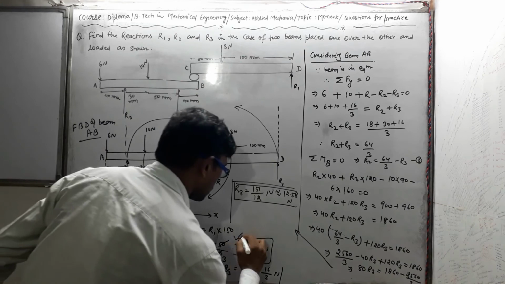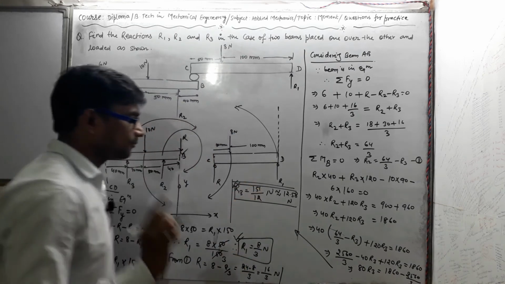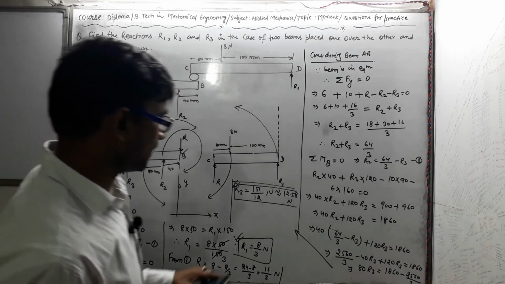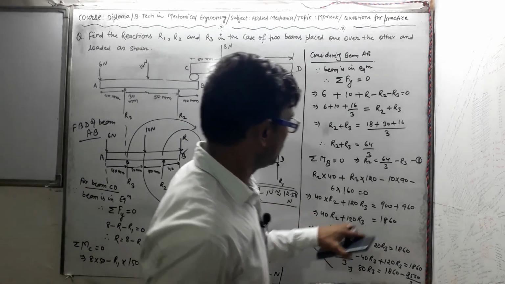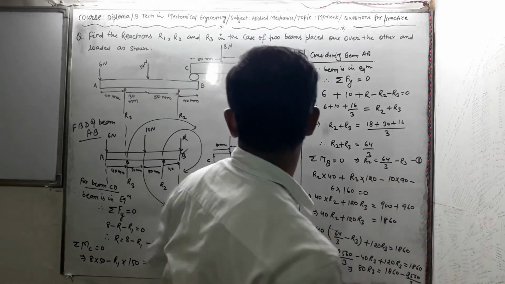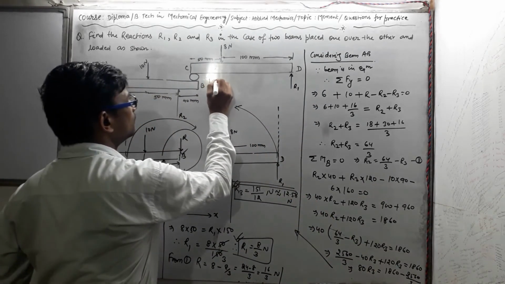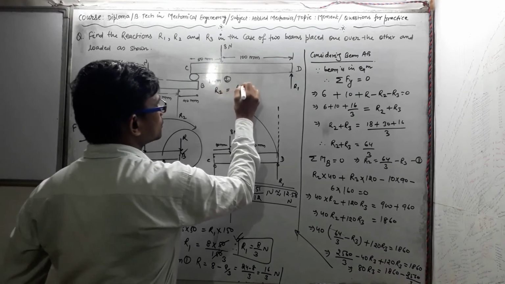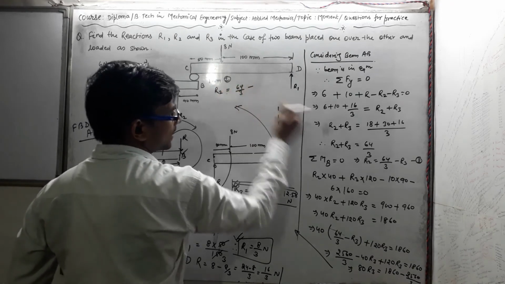Now R3 we have, and R1 we have got, R3 we have got. One more unknown quantity which we have to find here is R2. So putting the value of R3 in equation 2, R2 equals 64 upon 3 minus R3.